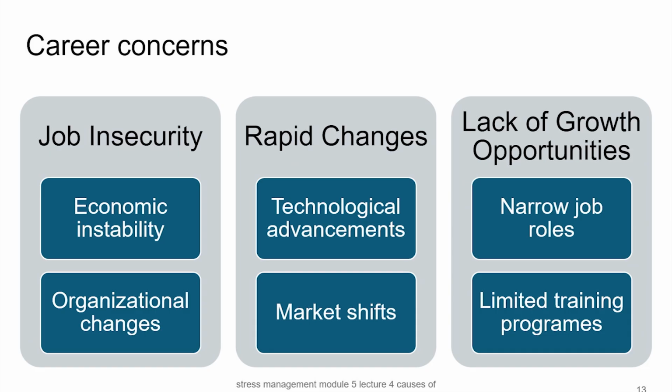Then there are very rapid changes in technology, market shifts, or changes in the work culture. And finally, if the growth opportunities are very narrow and limited, or if there is a phenomenon like the glass ceiling, it is difficult for them to continue with the organization, and it also builds up a high level of stress in them.